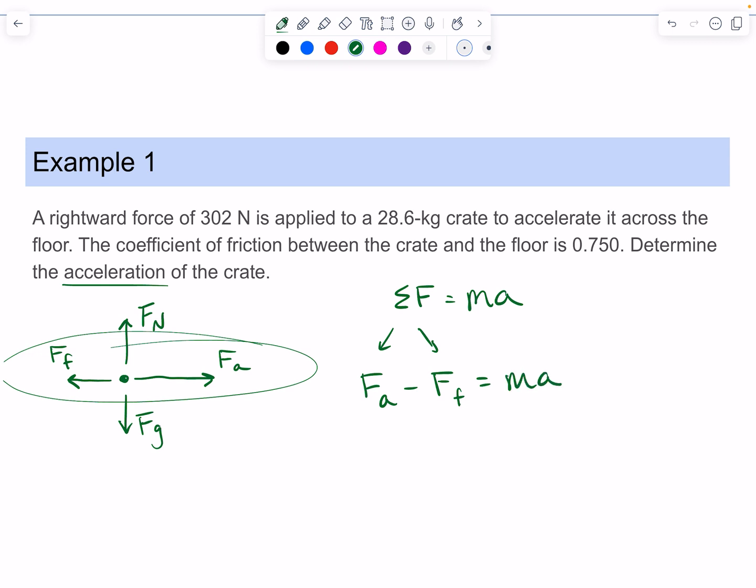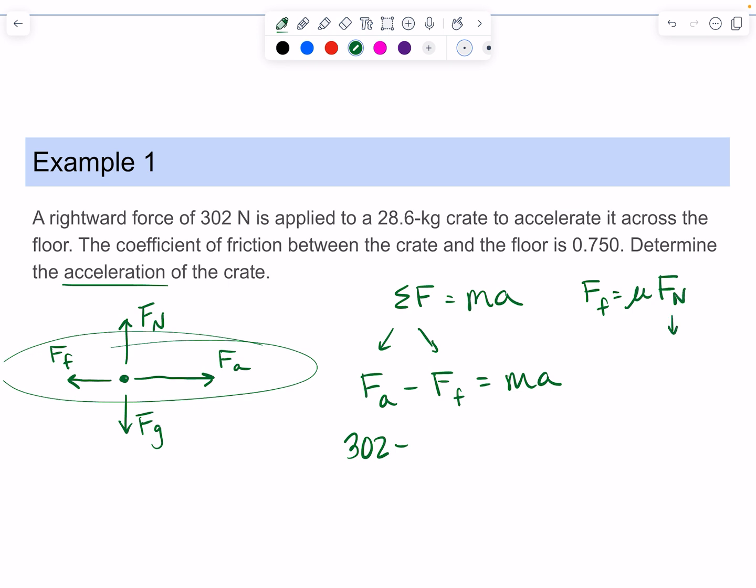I'm trying to find, let's see, what am I trying to find? The acceleration. So the applied force was 302 newtons. It gives me a coefficient, not a frictional force. So I know that friction is equal to mu Fn.